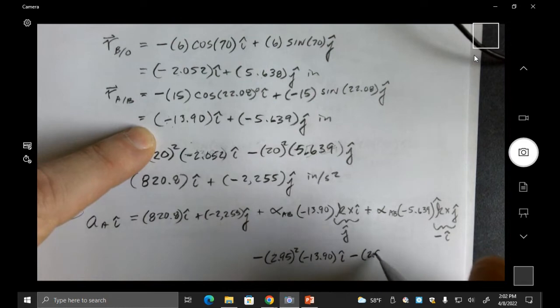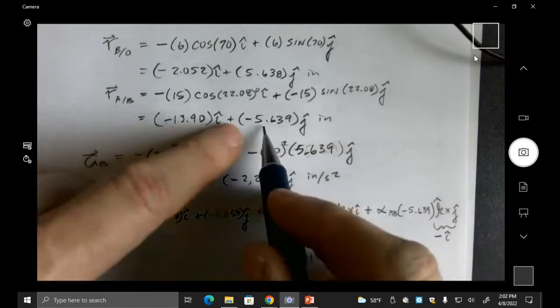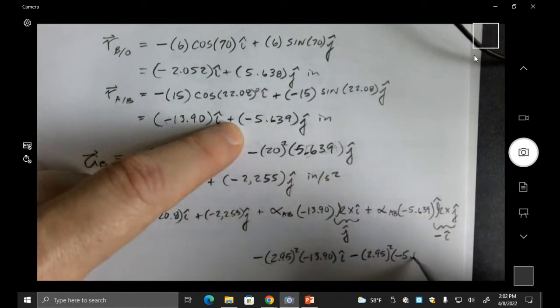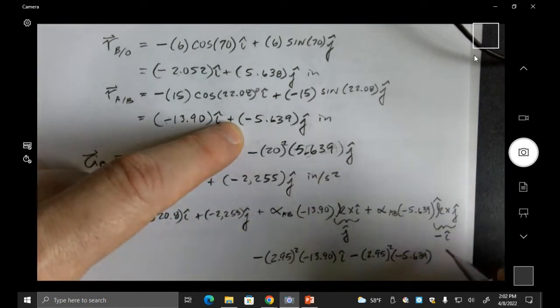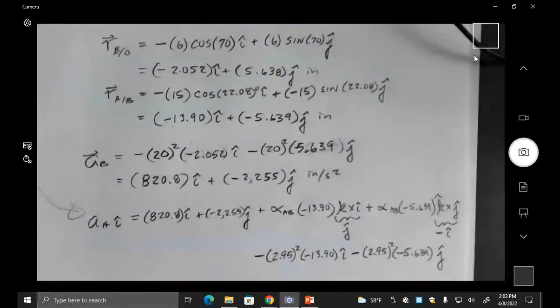Once again, negative 2.95 squared times our negative 5.639 J.